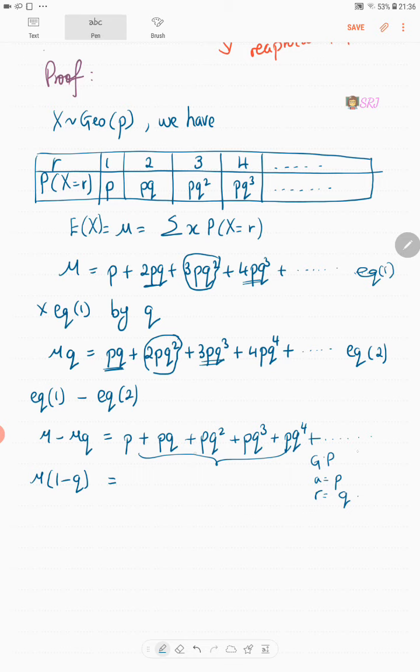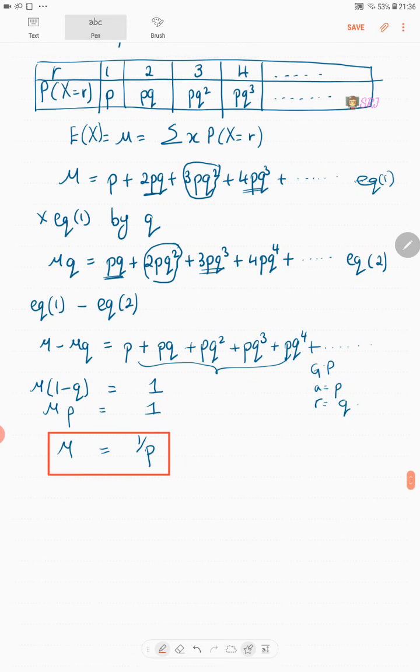So when we add all these terms, we will have 1. Therefore, 1 minus q, which we can write as p, times mu is equal to 1. And then finally, we have mu as 1 over p. This is what we had to show. So we were able to show that mu, the expectation for a geometric distribution, is 1 over p, the reciprocal of the probability of success.